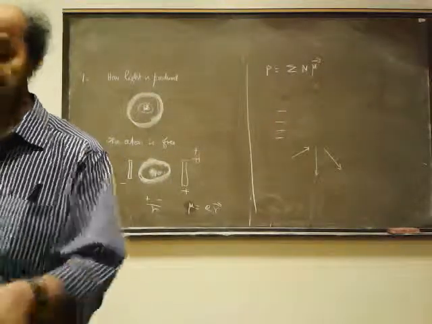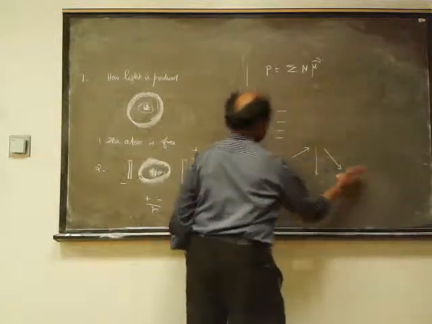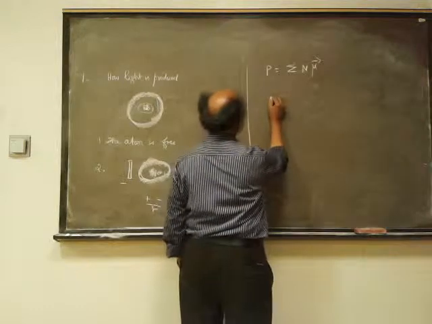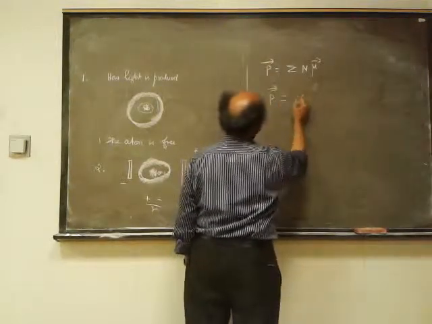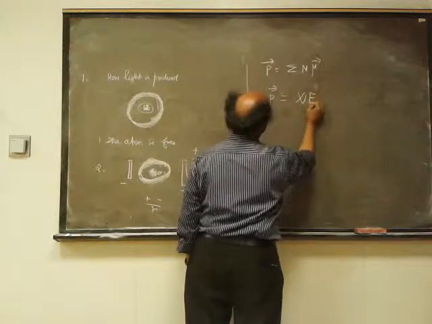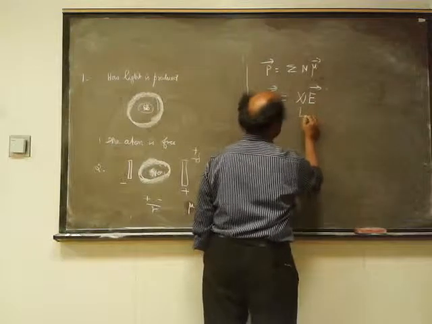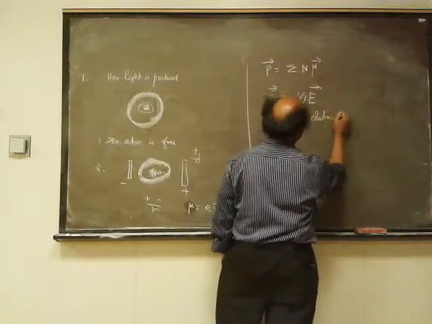This polarization, next step. This polarization now becomes a vector. This polarization is chi times E. This chi is called electrical susceptibility.